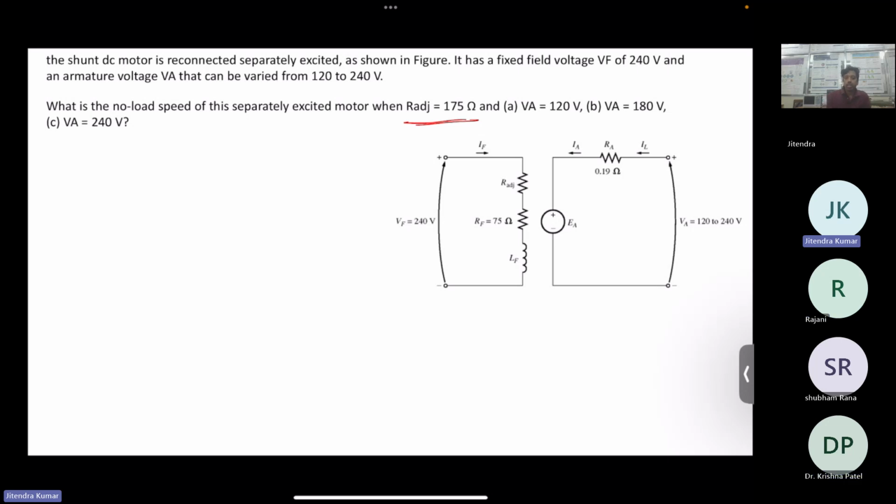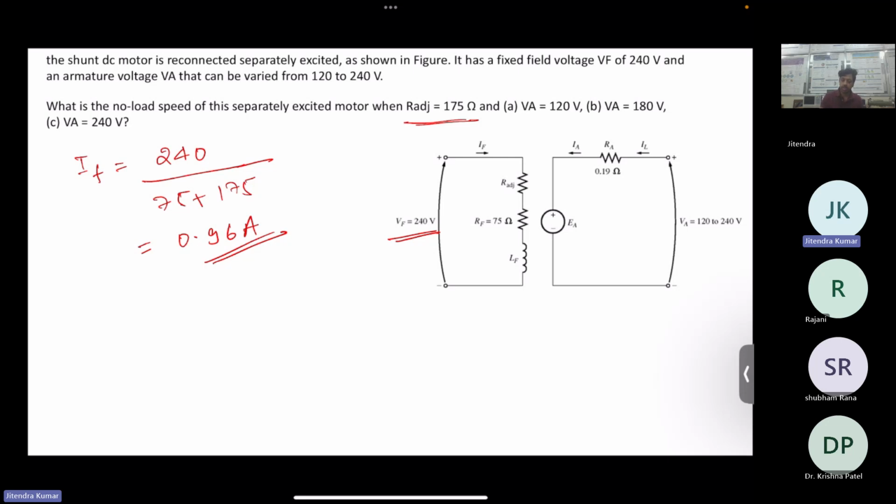So what can we do here? When R adjusted is equal to 175, we can calculate the total IF: 240 V field divided by 75, the field resistance, plus 175, the R adjusted. That will be equal to IF, which comes out to be 0.96 amps. Now we are given a characteristic showing EA varies with IF.